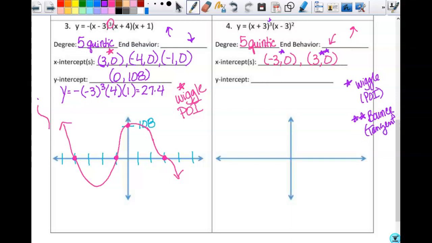Okay. Then I need to find my Y-intercept. So this is going to give me y equals 3 cubed times (-3) squared.